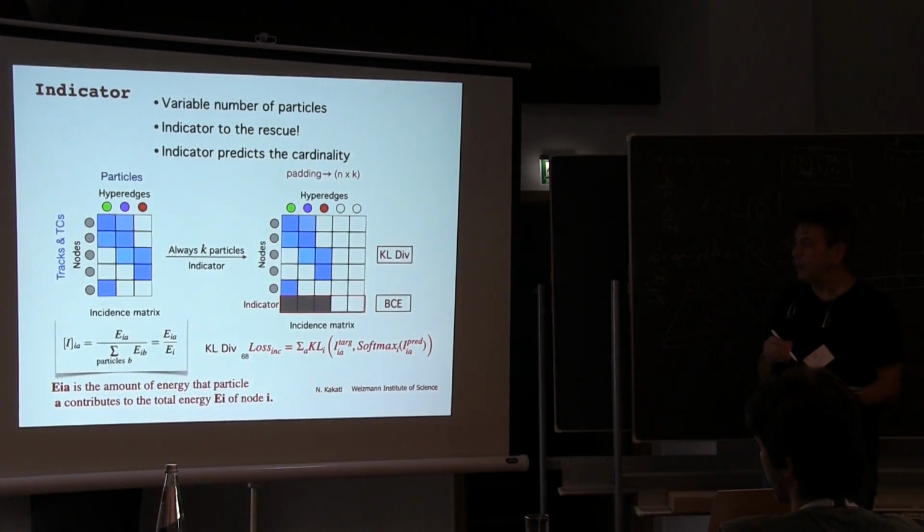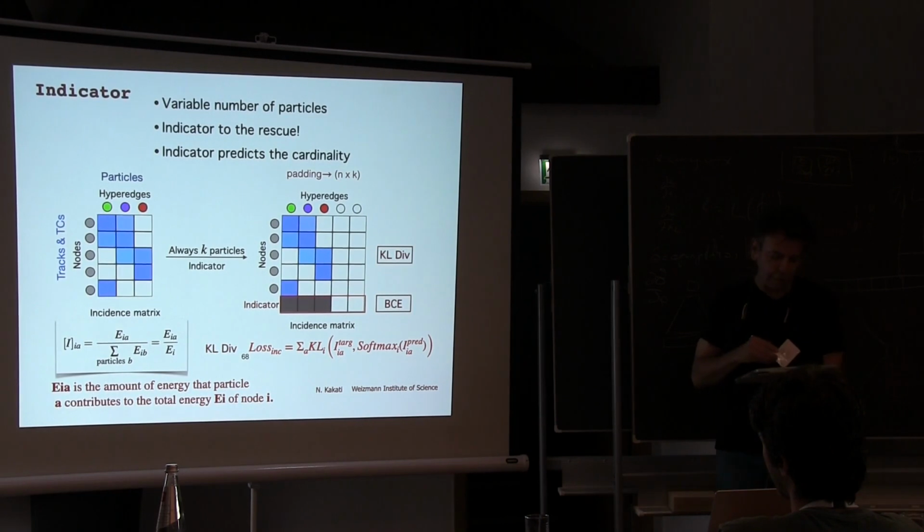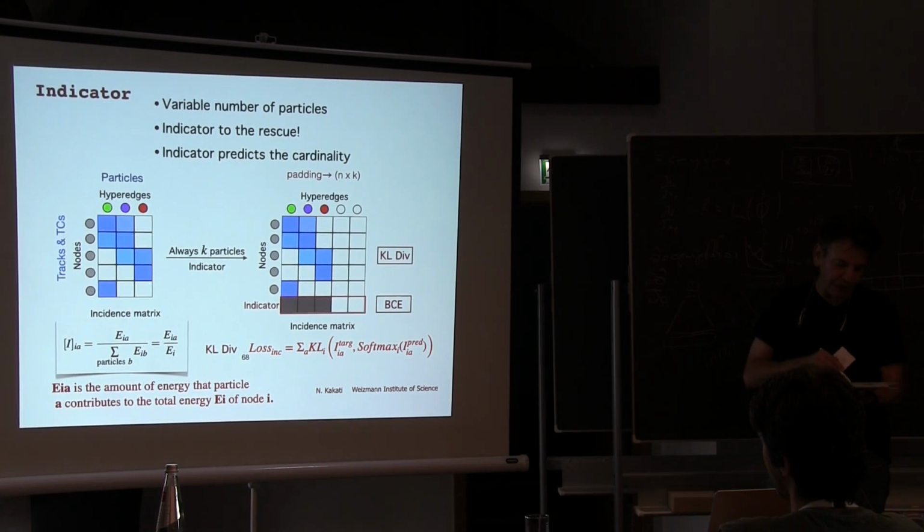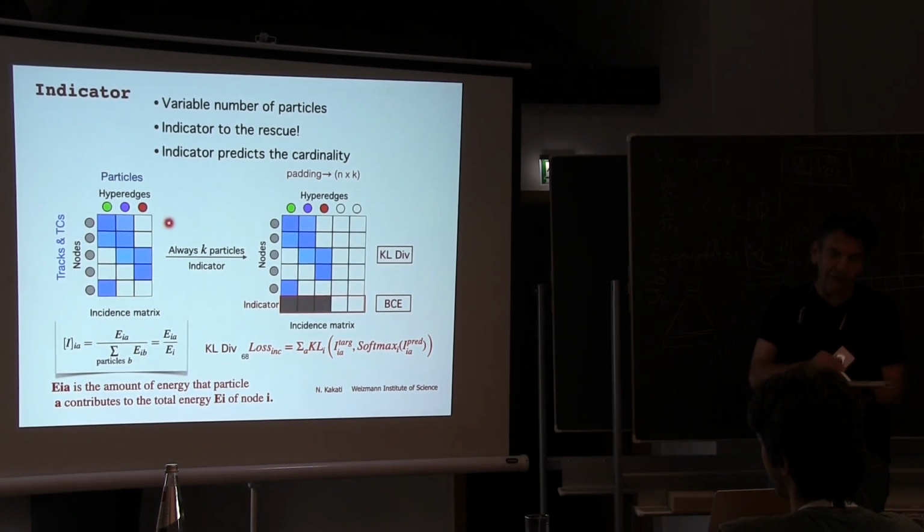So E_IA will be the amount of energy that particle A contributes to the total energy E_I of node I. How much energy this particle contributes to this topocluster, or if you like, how much the topocluster contributes to it. Okay? And now I normalize it by the row. I take E_IA divided by the sum of E_IB over the particles. So I normalize the row. That should remind you of the 0.75 that you saw here.